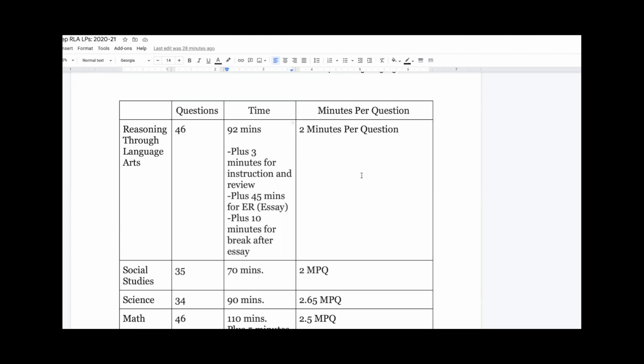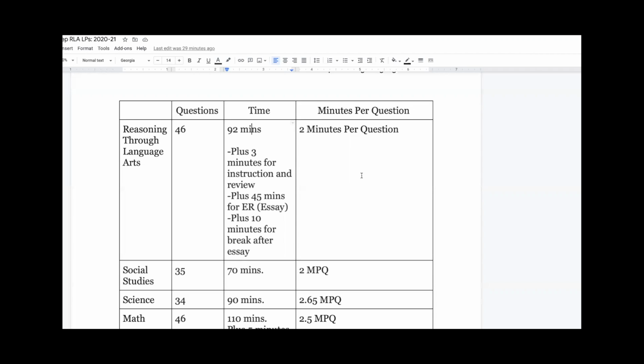It's very important you're aware of what you're doing in terms of the questions and the amount of time. You cannot use too much time on one question. And again, you only need to complete half of the questions to pass.